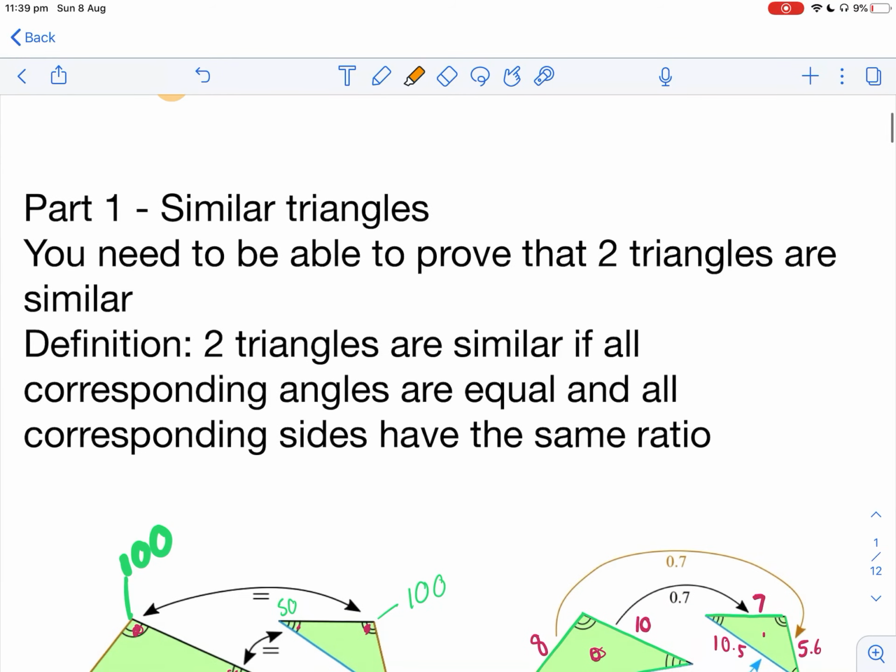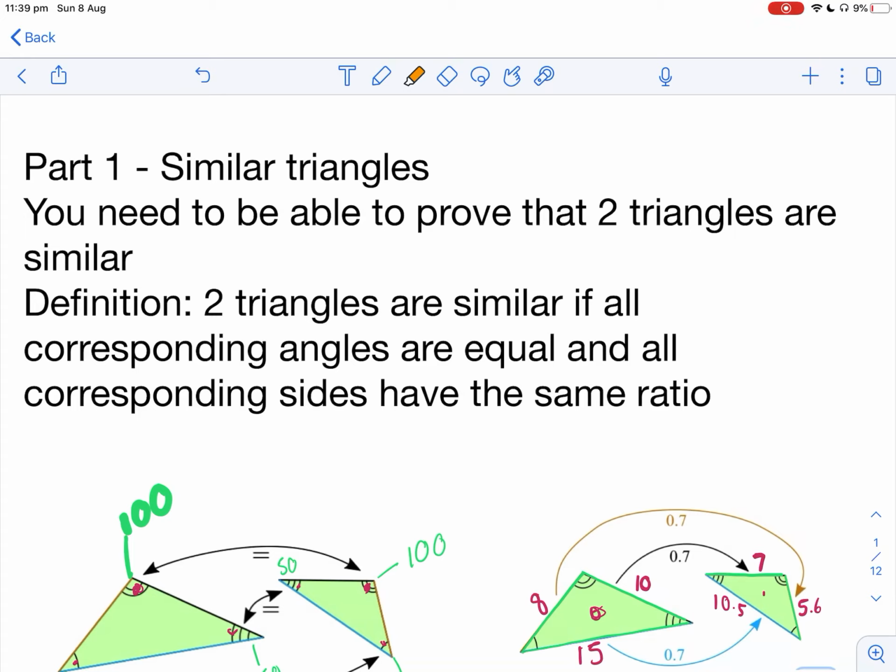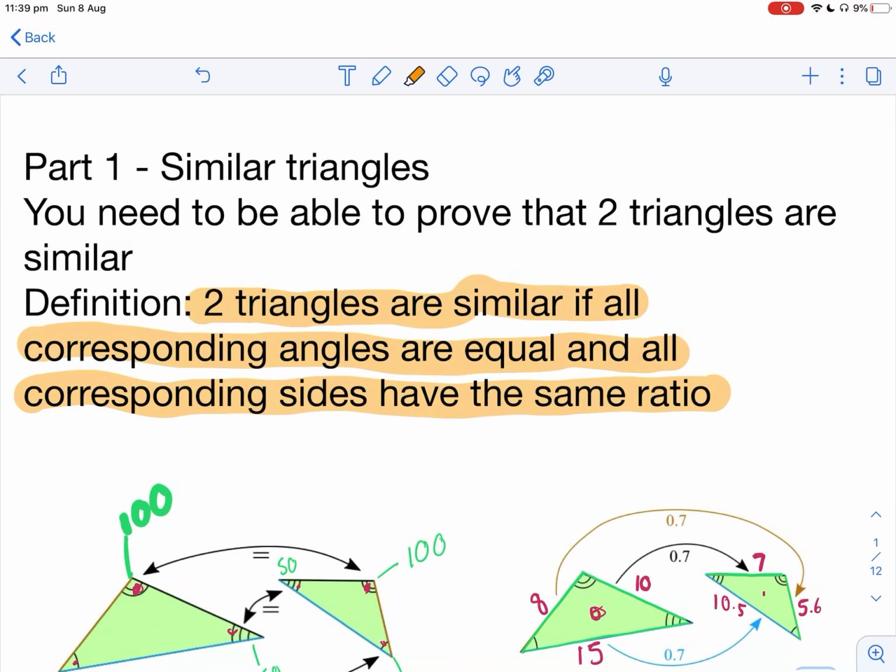So for the first part, similar triangles, you need to be able to prove that 2 triangles are similar. And the definition of similar triangles is 2 triangles are similar if all corresponding angles are equal and all corresponding side lengths have the same ratio.